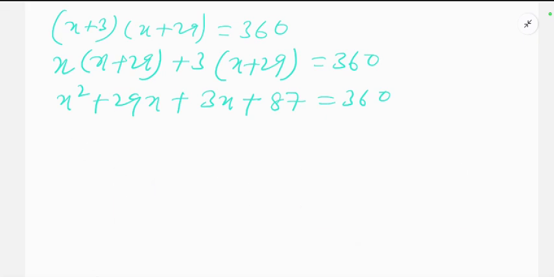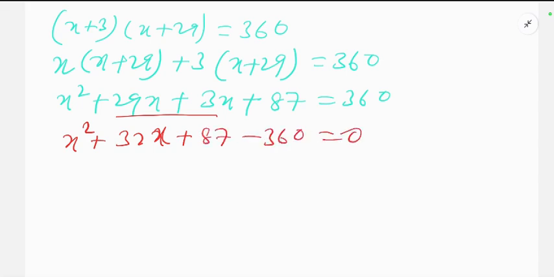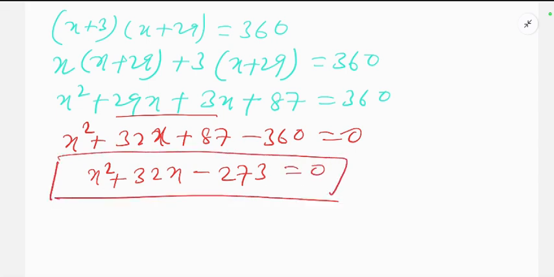Let me change the pen color. x square, and this will add and become 32x plus 87 minus 360 equals 0. And this will become x square plus 32x minus 273 equals 0, and this is our final equation.